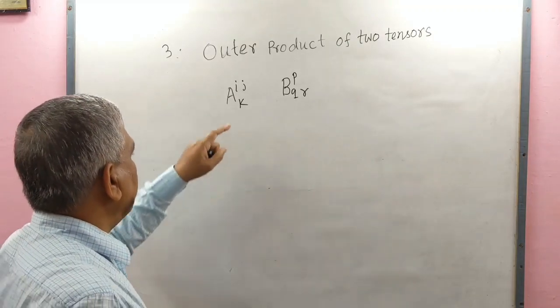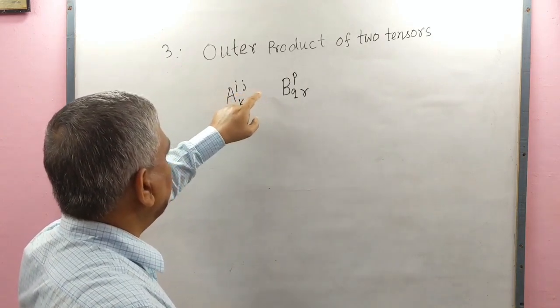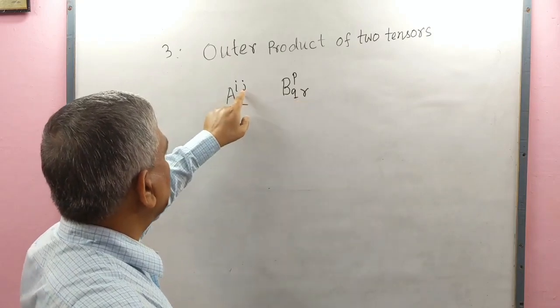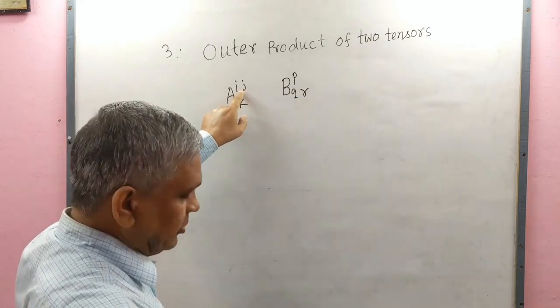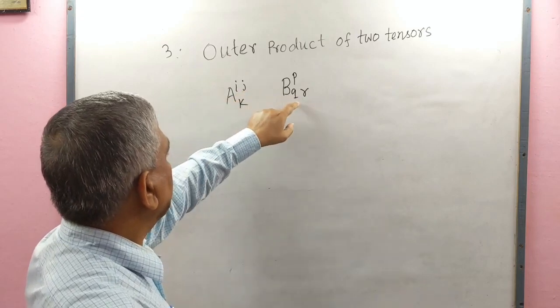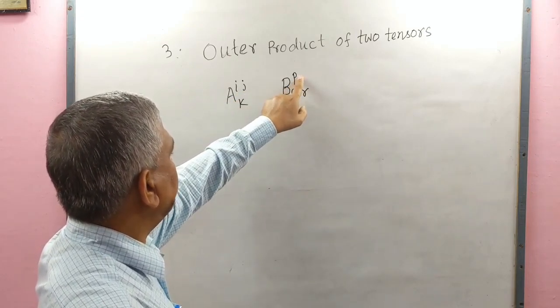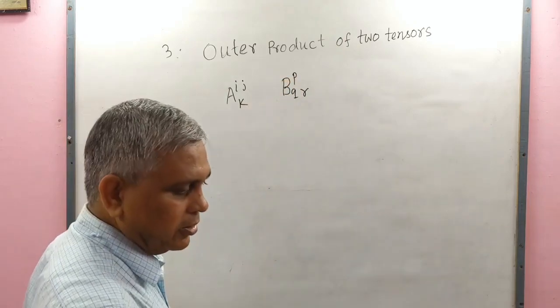Here, contravariant suffixes are i and j. Here, covariant suffixes are q and r. So here we see that there is no common suffix. Similarly, the contravariant suffix here is p and the covariant suffix here is k; they are different.